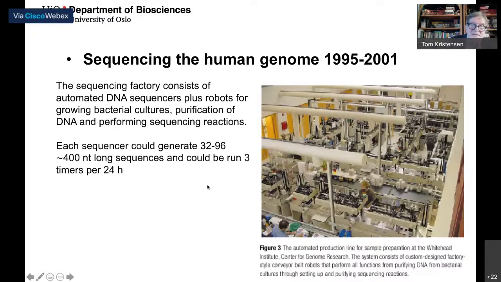Note here that each of the instruments could generate, again, 32 to 96, depending on the instrument, sequences, each of them about 400 nucleotides long, and one could run 3 runs per instrument per 24 hours. So a lot of work to obtain sequence enough to assemble a human genome.